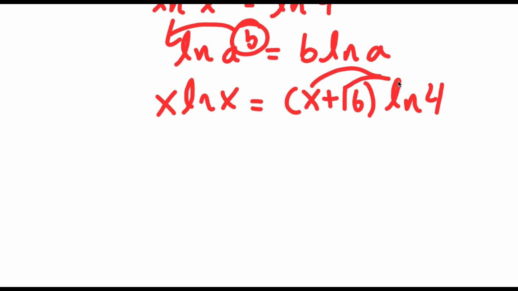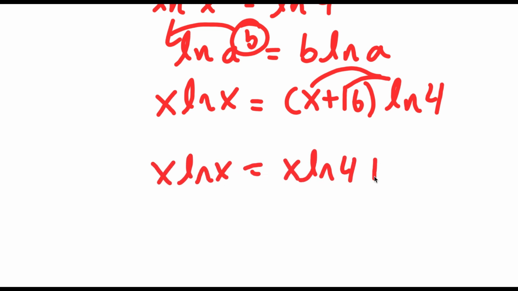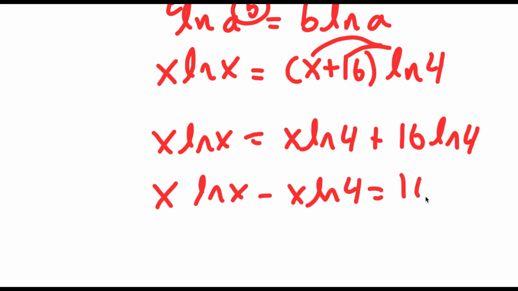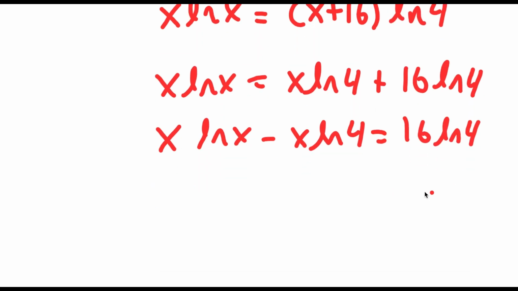Now if I distribute the ln 4, I get x times ln x is equal to x ln 4 plus 16 times ln 4. Now I'm going to subtract x ln 4, so now I have x ln x minus x ln 4 is equal to 16 ln 4.